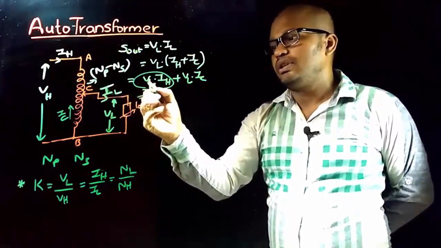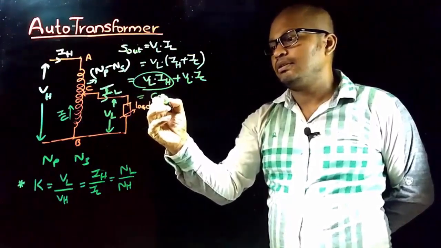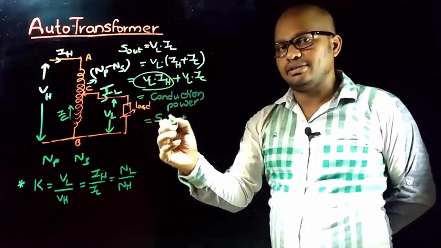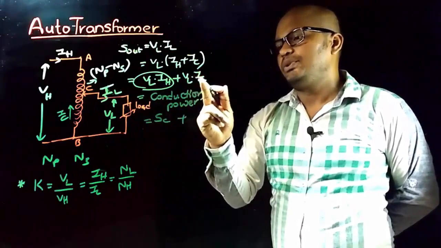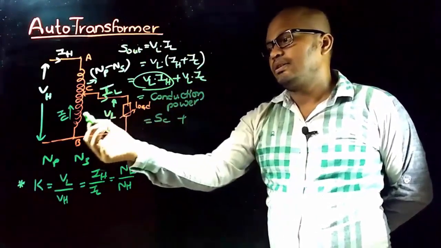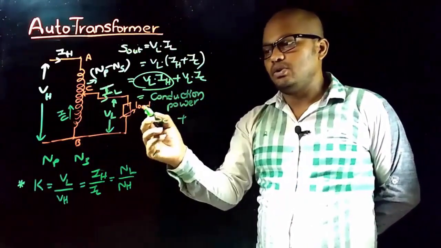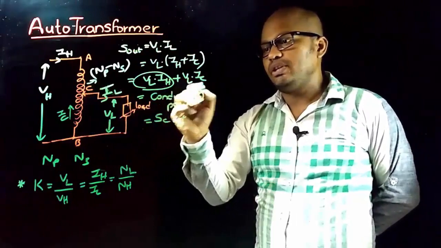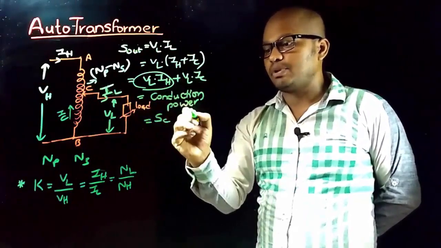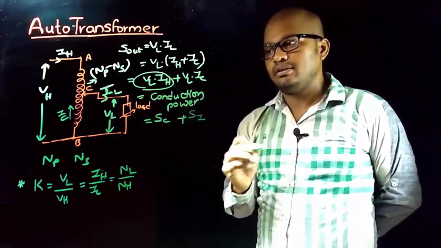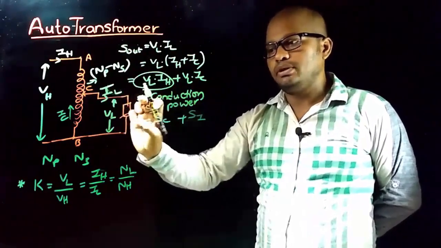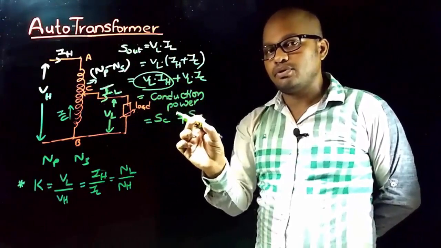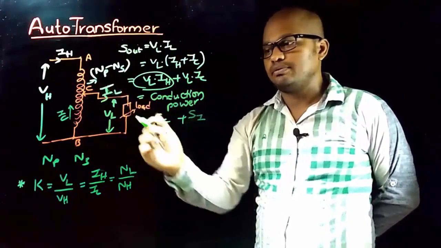So VL into IH represents the conduction power, and here let's represent that with SC, and VL into IC. IC is the current flowing in common winding, and load is receiving this current through induction process. So VL into IC represents the induction power. Let that be SI. So of total output power, some part of power is through conduction process and some part of power is through induction process.